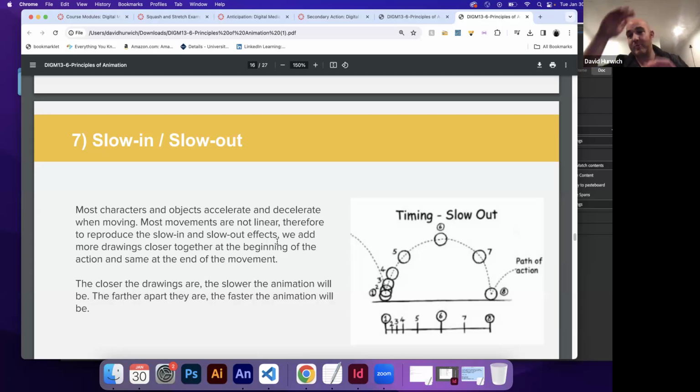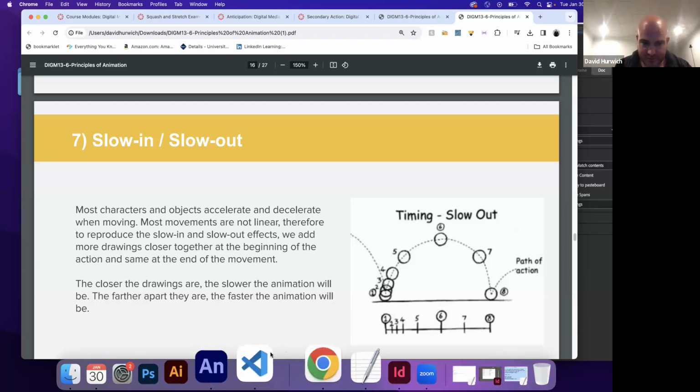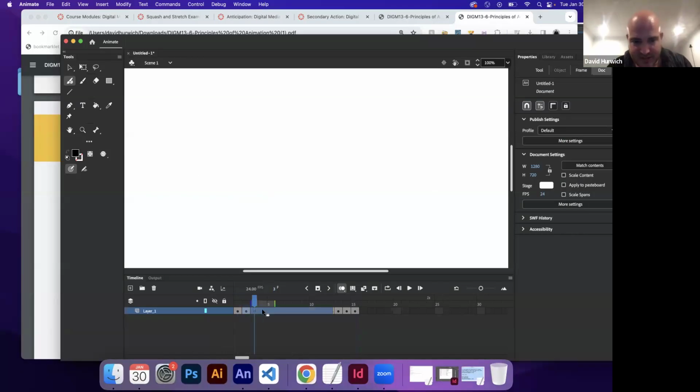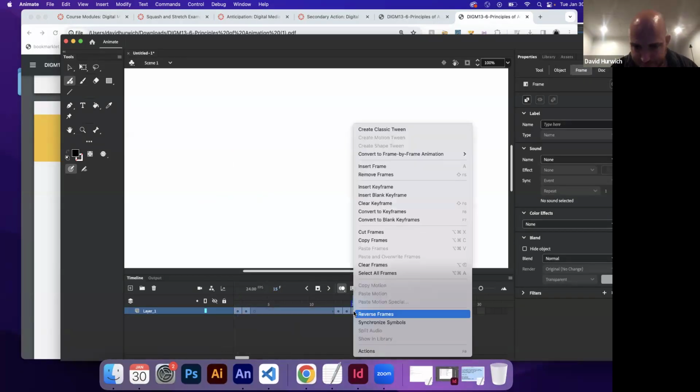I'm separating them equidistantly, right? But in real life, things speed up or they slow down. So when things speed up, the drawings should get further and further from each other. When they start to slow down, they should get closer and closer to each other. So let me see if I can do something like that here.